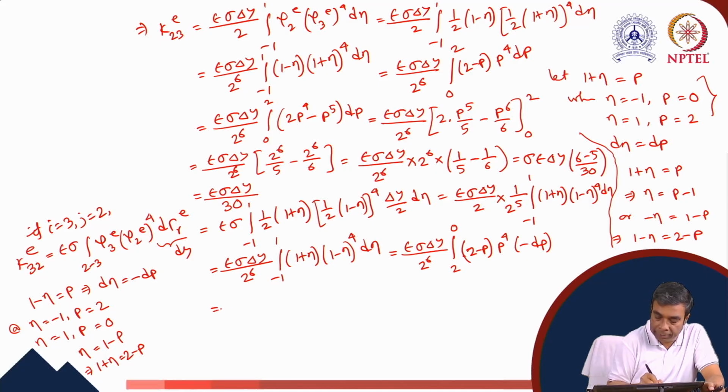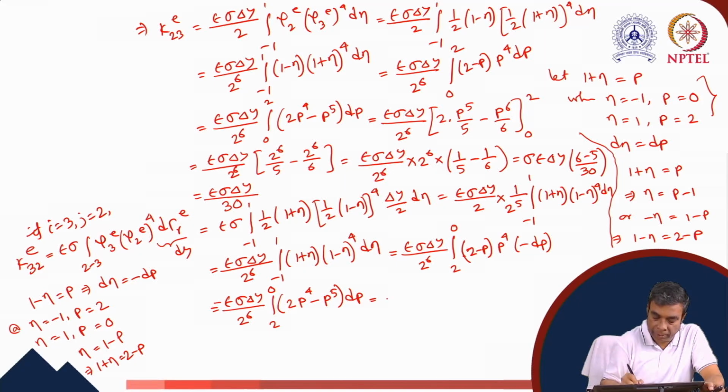So this gives epsilon sigma delta y divided by 2 to the power 6, integration from 2 to 0, 2 p to the power 4 minus p to the power 5 dp. We can introduce the minus at the front.